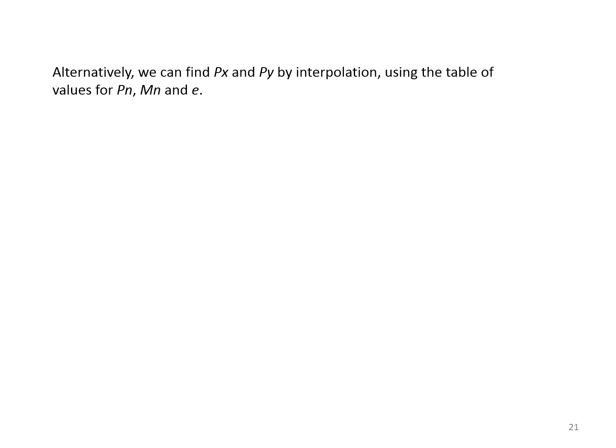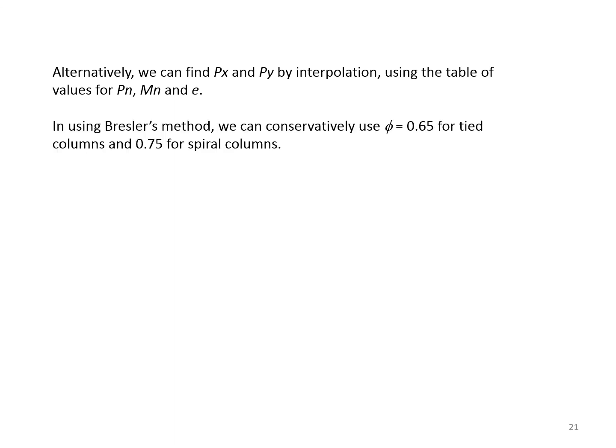Alternatively, we can find Px and Py by interpolation using the table of values for Pn and Mn and e. In using Bresler's method, we can conservatively use phi equal to 0.65 for tied columns and 0.75 for spiral columns.